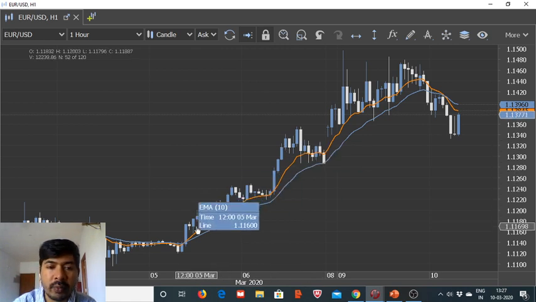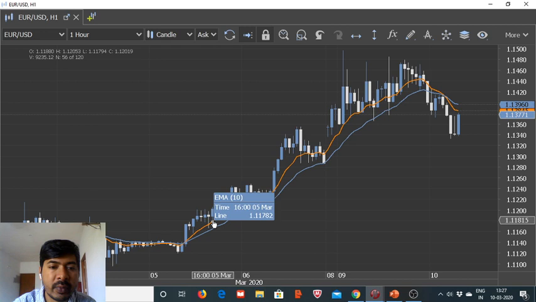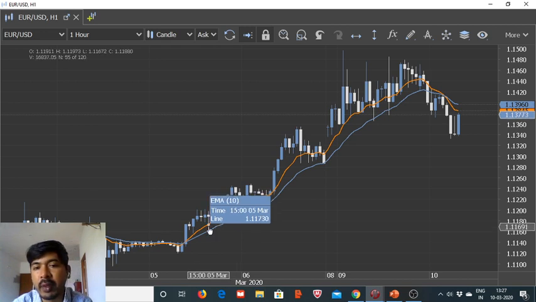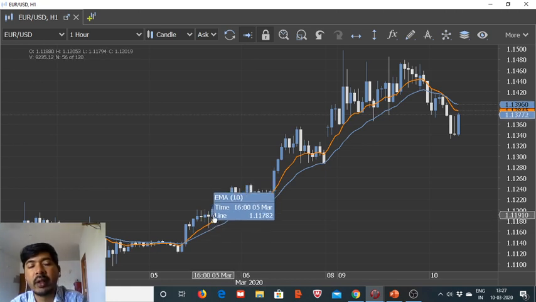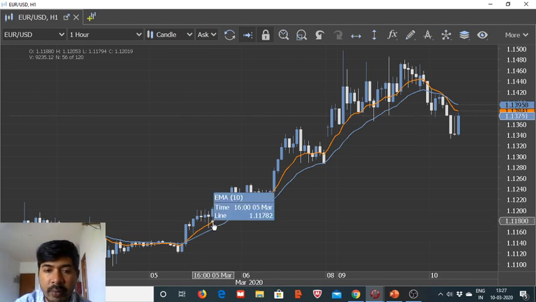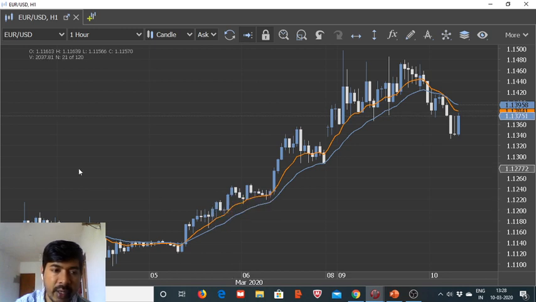I think even the low of the historical candle with shift 2 should be good enough. That candle's low should be below the EMA 10, and then the immediate candle, that is the candle 1 period back, should have closed in green with the price closing above the 10 EMA level.